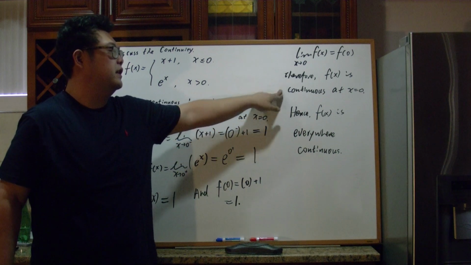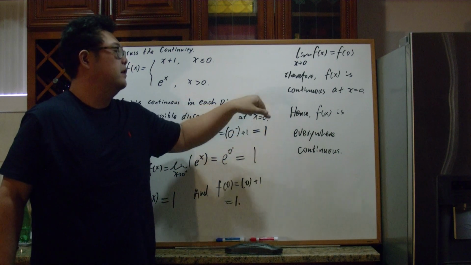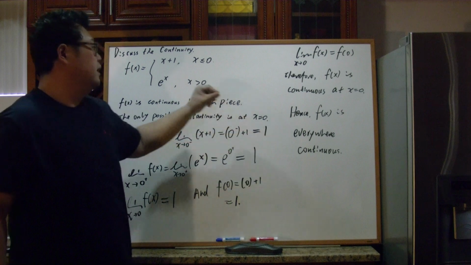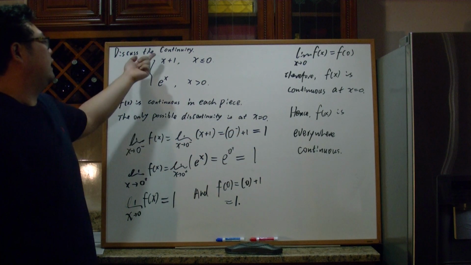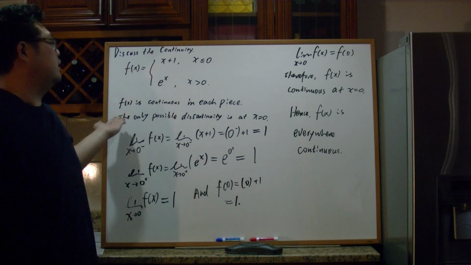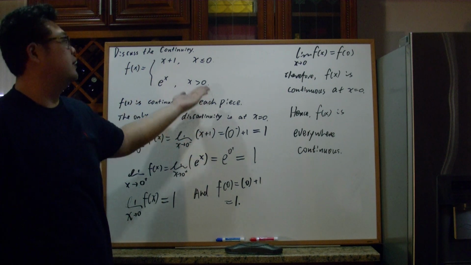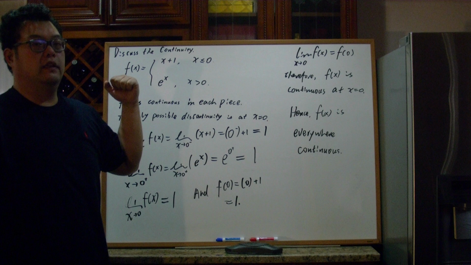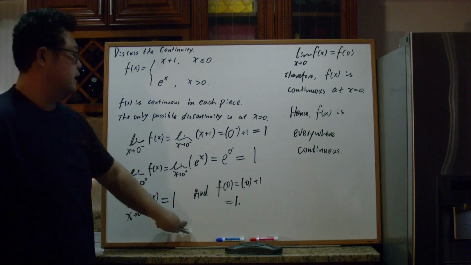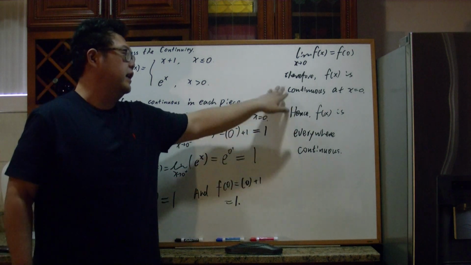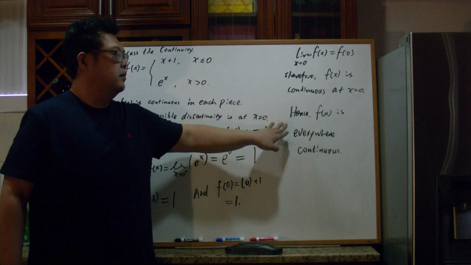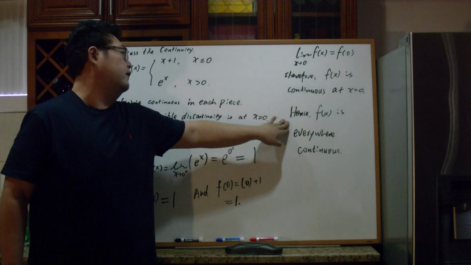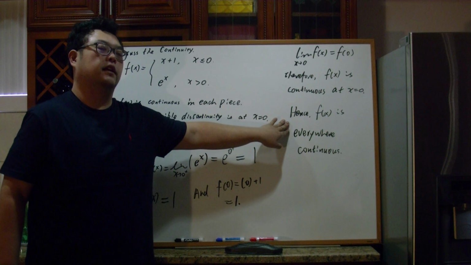Hence the function is continuous, because we discussed before that f of x is continuous in each piece, and its only breaking point or possible discontinuity is at x equals 0. Therefore we get a conclusion at the end: not only is it continuous at x equals 0, but our function f of x is continuous everywhere.